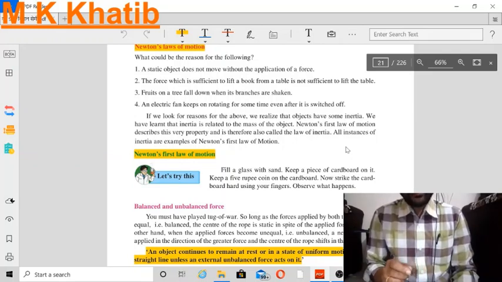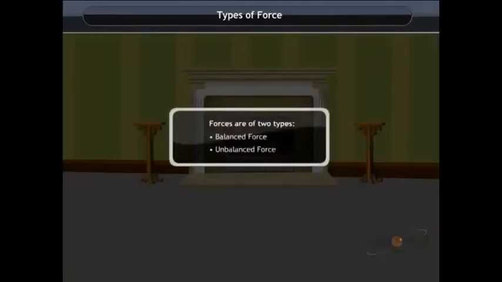To understand this property well, we have to observe a small clip about balanced and unbalanced force. Forces are of two types, balanced force and unbalanced force.